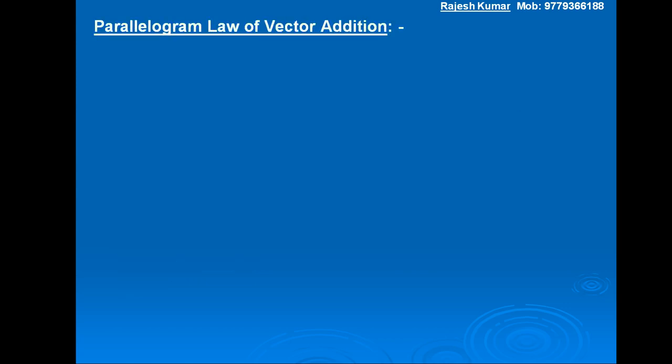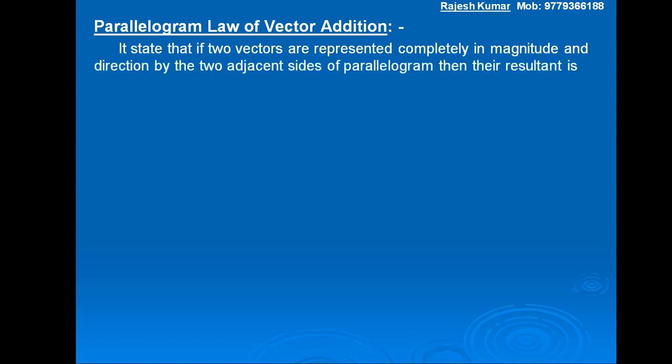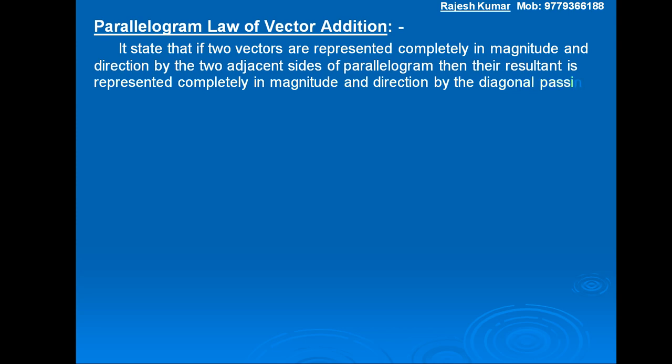Parallelogram law of vector addition states that if two vectors are represented completely in magnitude and direction by the two adjacent sides of a parallelogram, then their resultant is represented completely in magnitude and direction by the diagonal passing through their point of intersection.